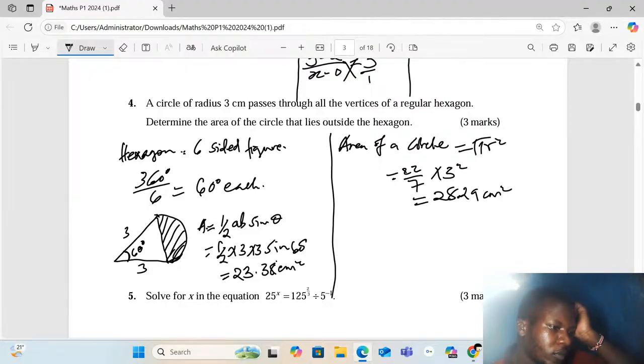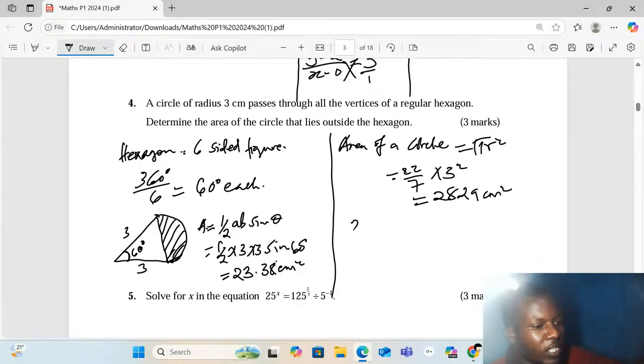Then you have the area of the circle and the area of the triangle. So for us to get the area of the circle that lies outside the hexagon, we have to subtract the area of that triangle from the area of the circle.